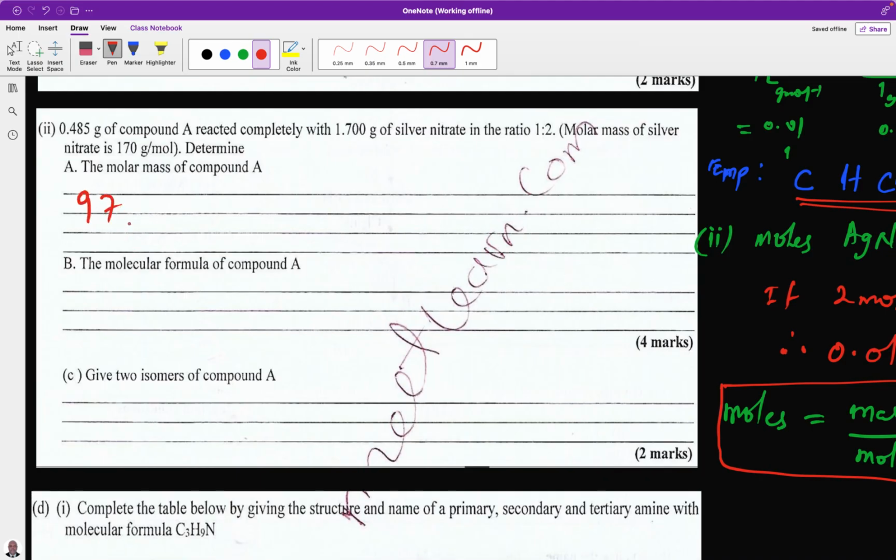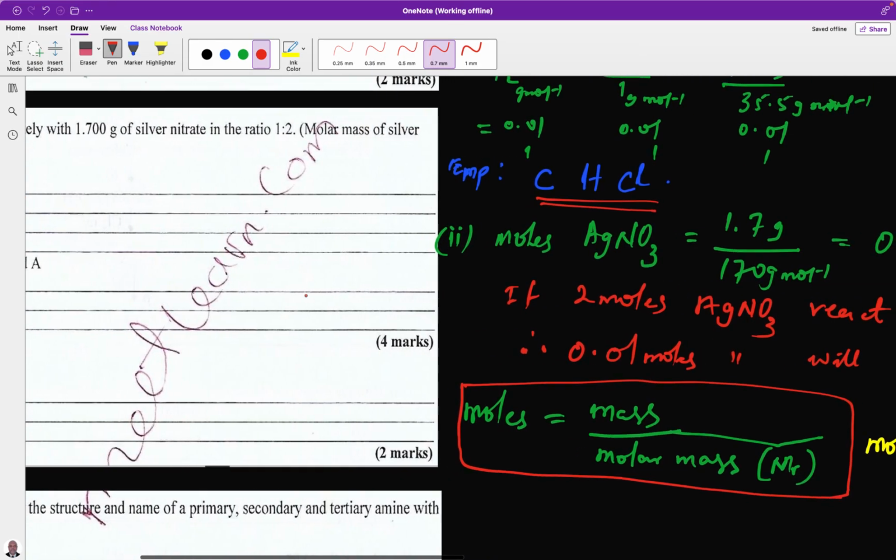The molar mass is 97 gram per mole. You have seen the calculation here. Then the molecular formula of A, that is the B part of it.